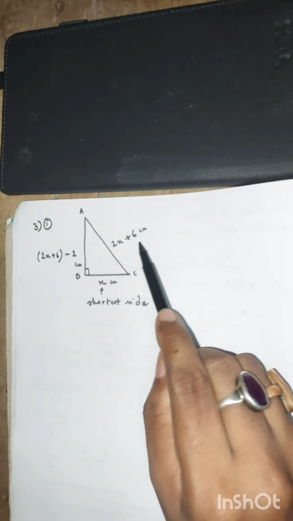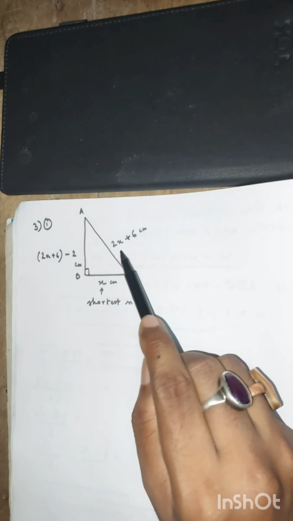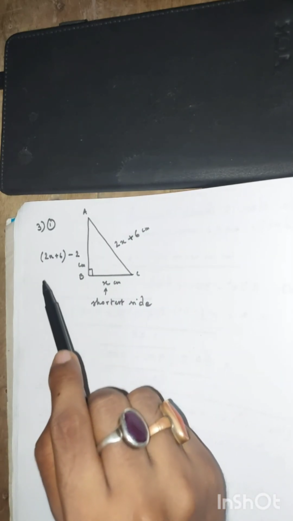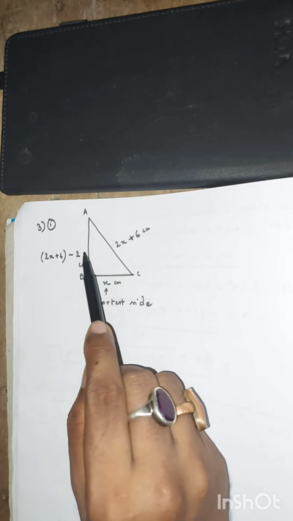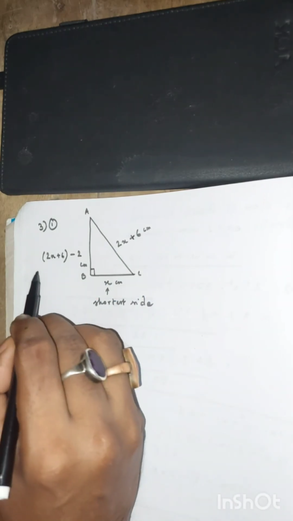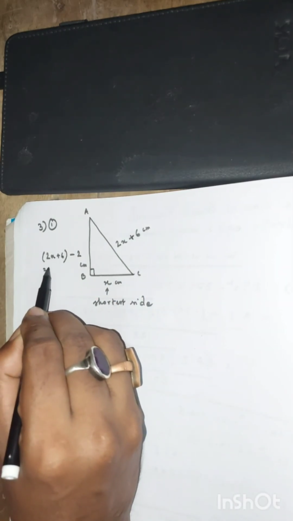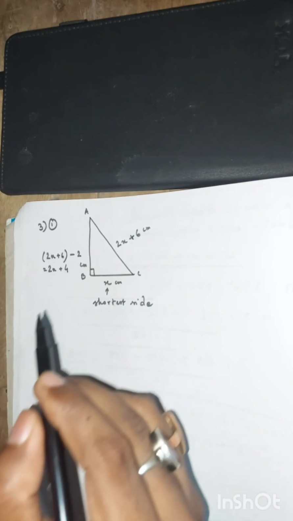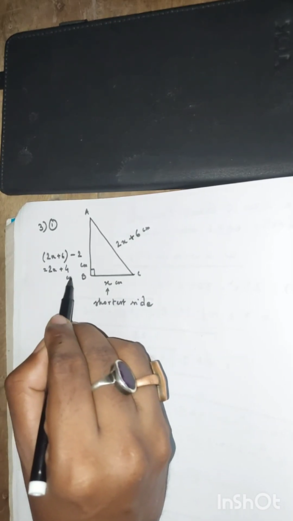So this is the value of hypotenuse, and the other side is 2 centimeter less than the hypotenuse. So these are the values of three sides. So this is equal to 2x plus 4 centimeter actually. Okay, so these are the three sides.